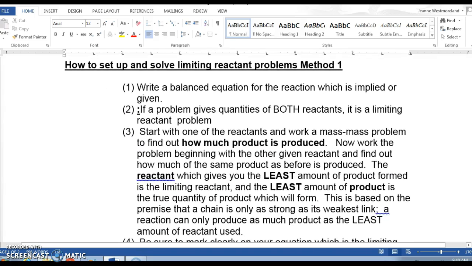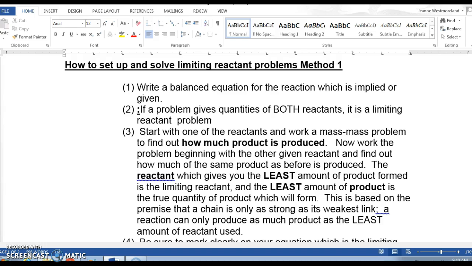called method 1. So first, as always in stoichiometry, we have to have a balanced chemical equation, and you will automatically know that it is a limiting reactant problem when you're given measurements of both reactants. So when you're given both reactants, you're actually going to do the dimensional analysis 2 times.